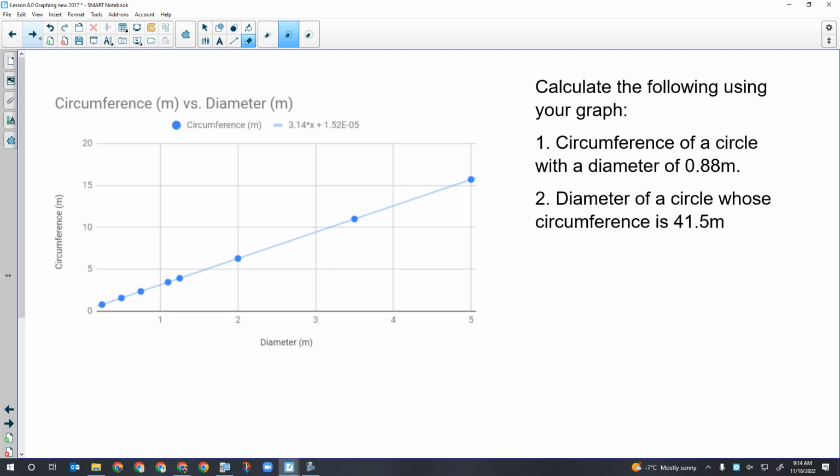You're all thinking it. Say it. 0. You can't have a circle without a diameter. Now, what is this saying the circumference of a circle is if it has no diameter? It's saying it's 1.52 times 10 to the minus 5.